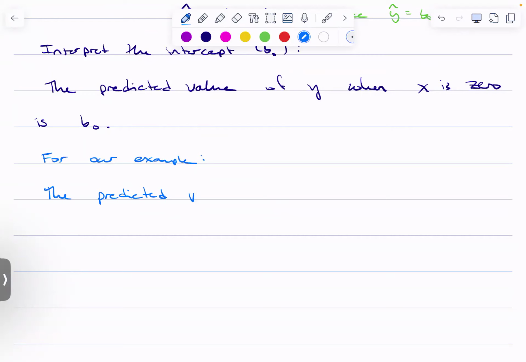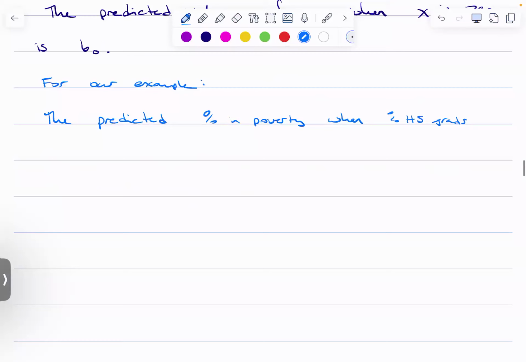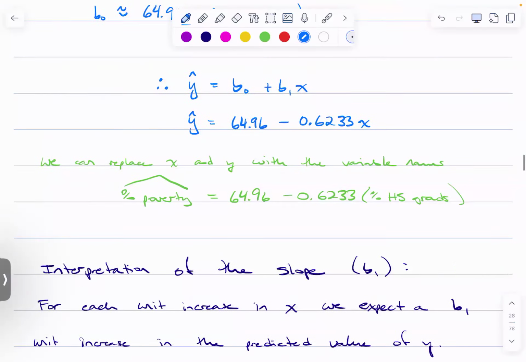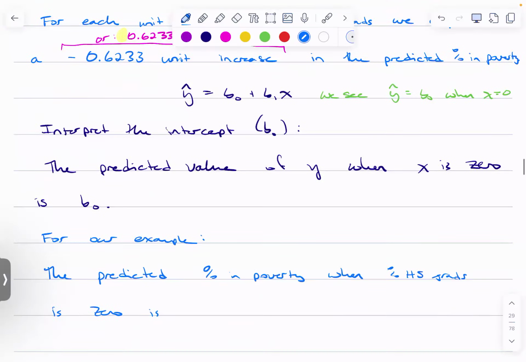The predicted percentage in poverty when percentage of high school grads is 0 is, what was it, 64.96%.